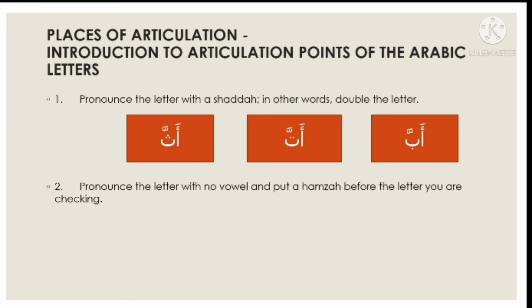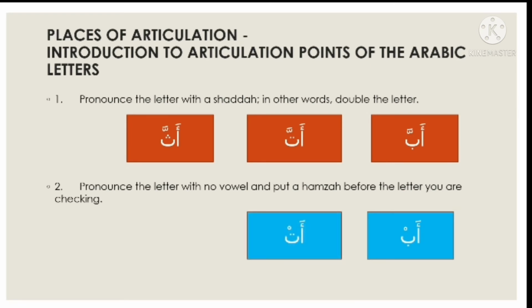And if you want to pronounce a letter with no vowel and put a hamza before the letter you are checking, for example, if you want to check letter ba, then you will place hamza before it and it will sound like ab, and on the ba there will be a sukoon. So you will connect the hamza with the ba.